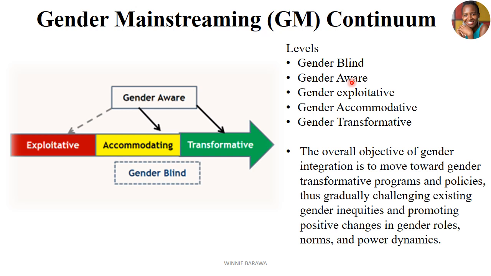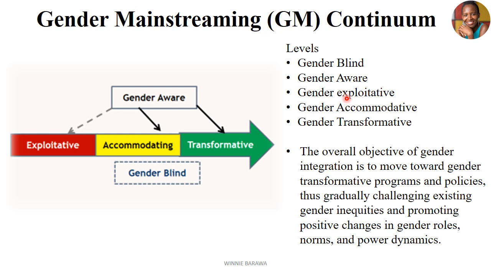So we are advised that our projects should work towards becoming gender transformative, as opposed to being exploitative and accommodative. A gender exploitative project is a project that exploits the rights and privileges of a given gender to its own benefit, without looking at the effect, be it negative or positive.